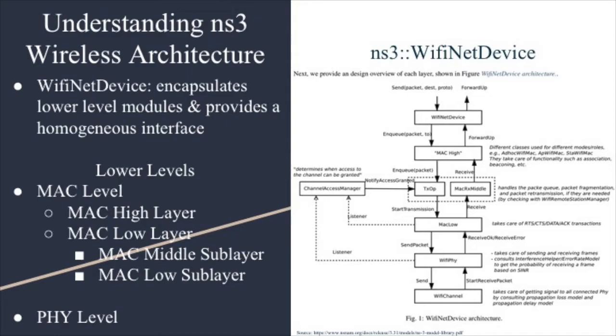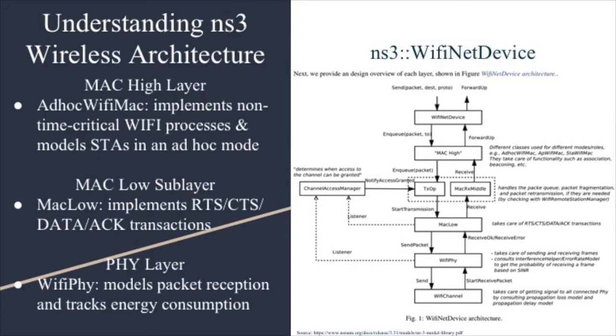On the graphic, MAC high is labeled as MAC high in the block, and the MAC low layer includes Channel Access Manager, TXOP, MAC RX middle, and MAC low. And then finally the PHY layer is the Wi-Fi PHY, which communicates directly with the physical channel.